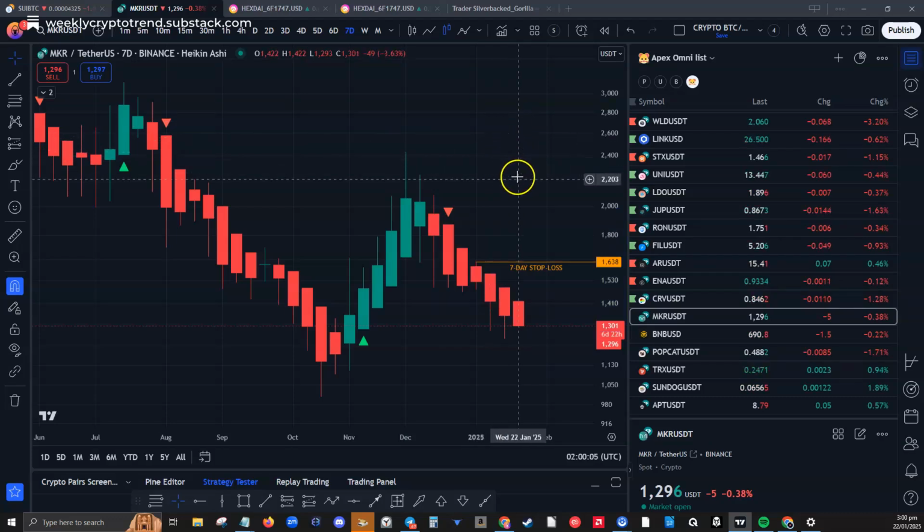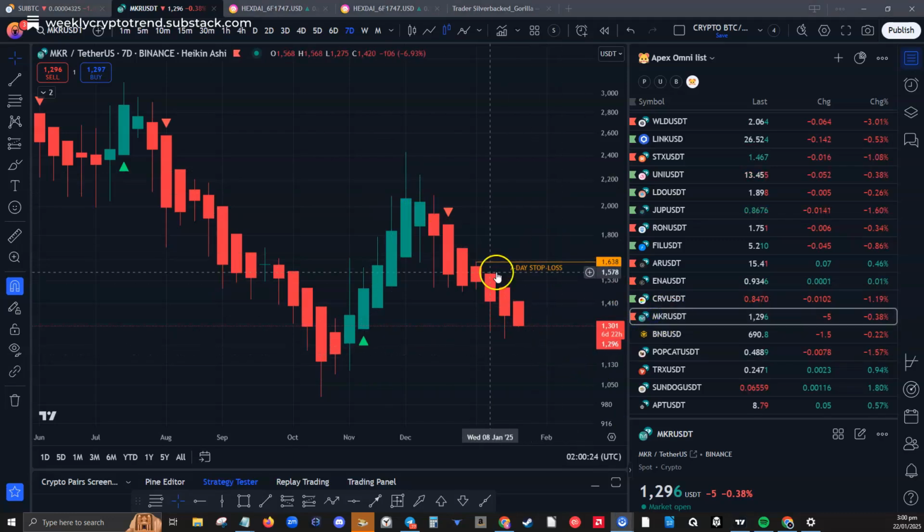I can't wait till we're a month or two into this. It'll be really good to see how this performs, especially on the shorts, because each of these are all weak, and you can see that it's a beautiful move. Yeah. Anyway, so we're going to be short on this one, and stop loss level.